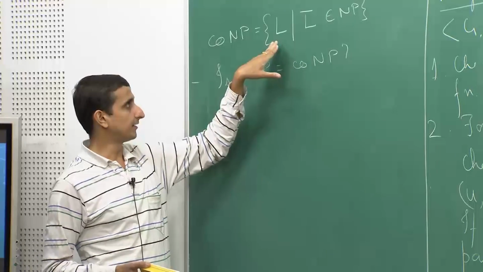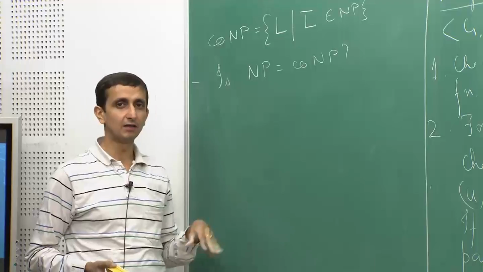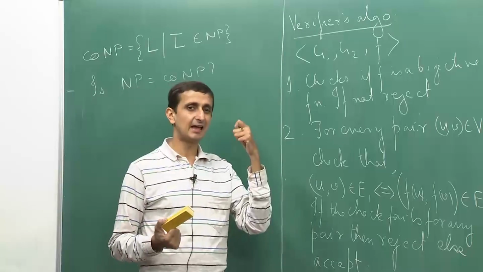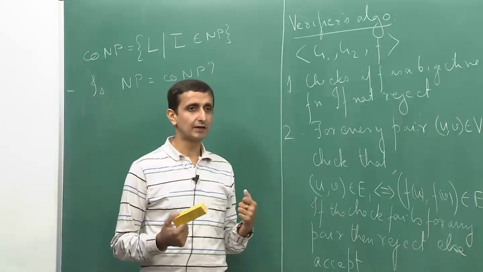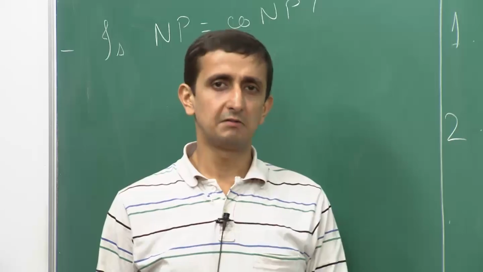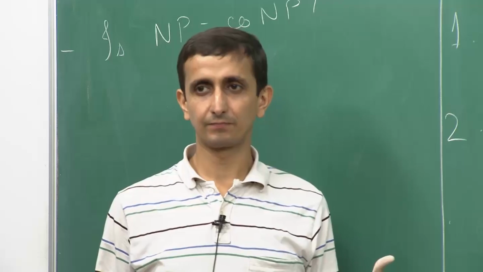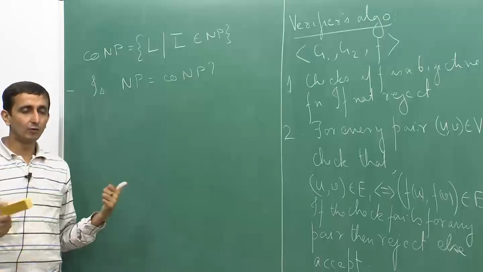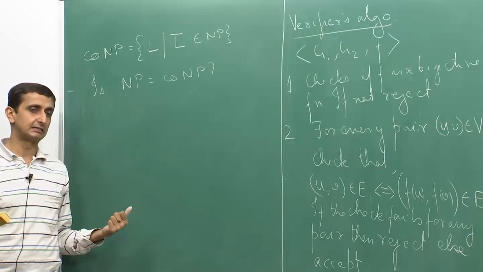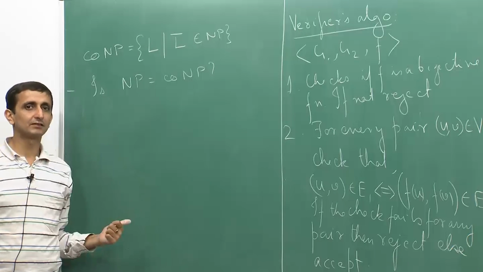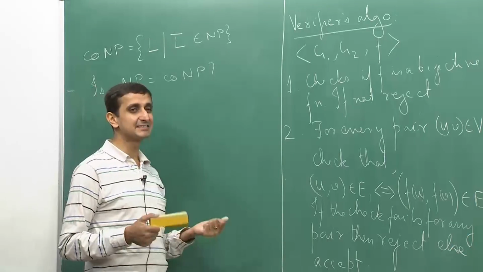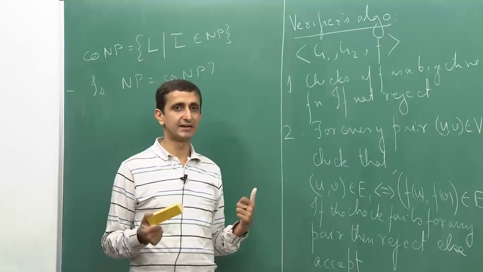Because if I have a language which is in NP, all I know is that for yes instances, there is at least one accepting path, and for no instances, there are no accepting paths. Okay. So, therefore, if I have a language which is in co-NP, it only means that if I have a yes instance, then every path accepts, and if I have a no instance, then at least one path rejects, that is all.